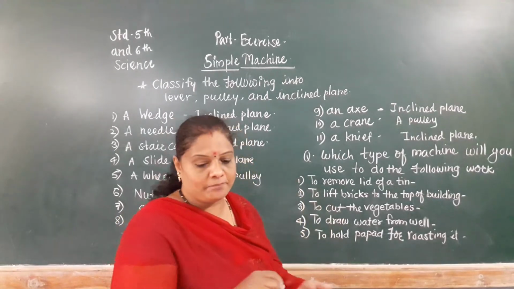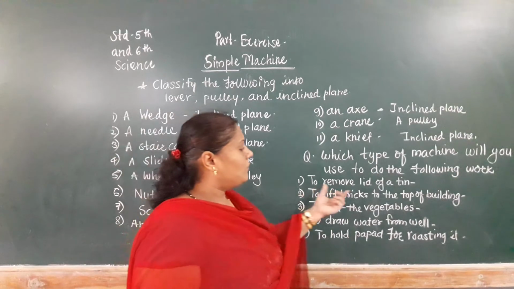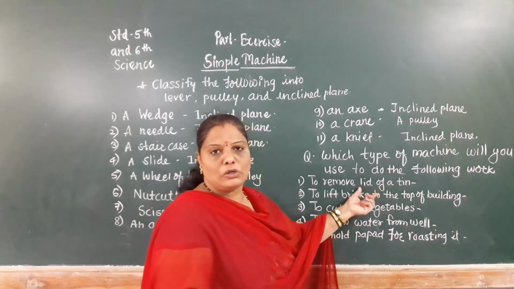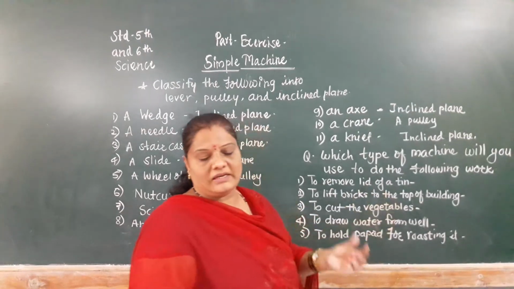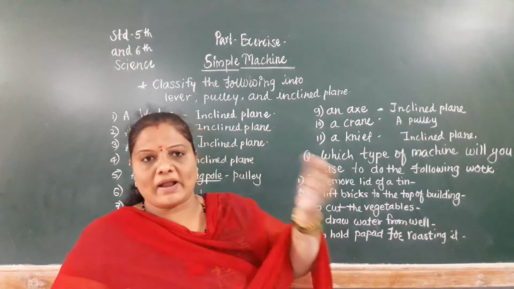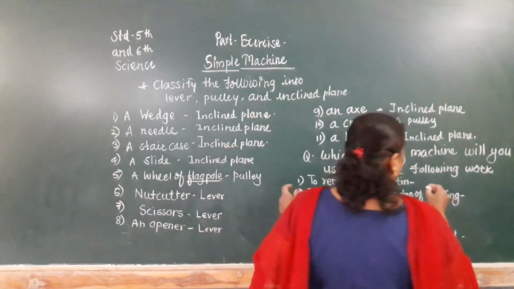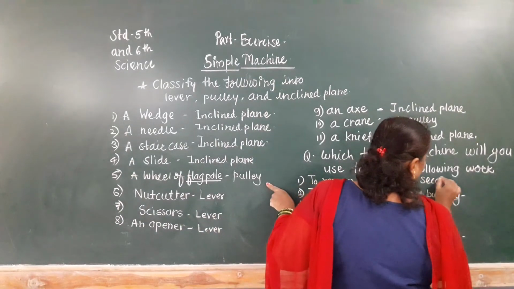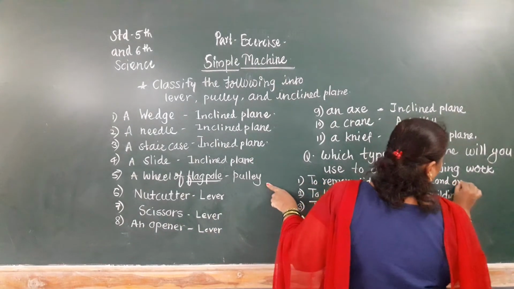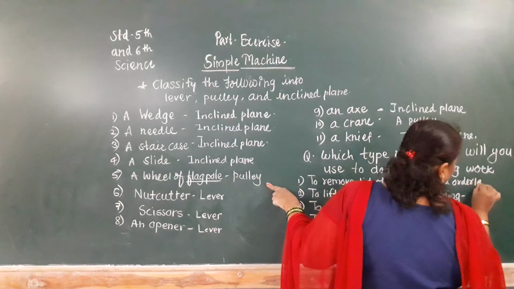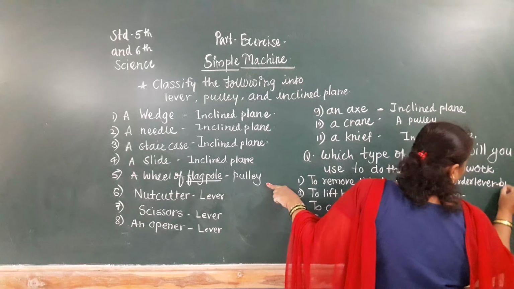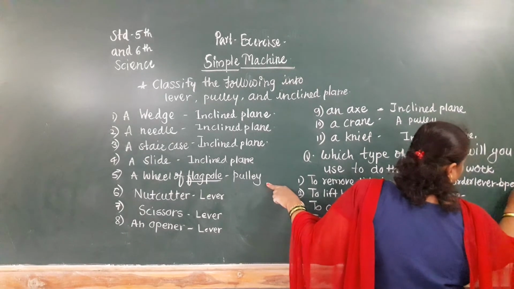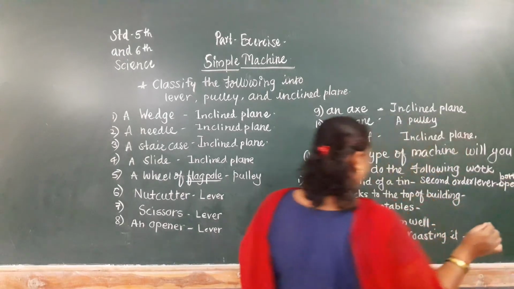First, to remove the lid of a tin, लीड म्हणजे टोपण, ते आपल्याला रिमूव्ह करायचं आहे. We should use a second order lever or a bottle opener. Okay, bottle opener.